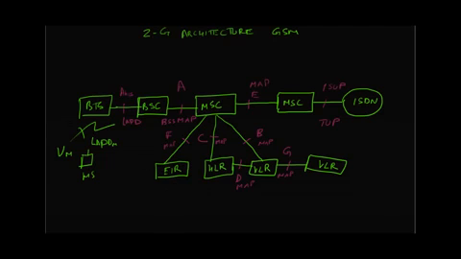Let's also talk a little bit about the LAPDm protocol and the messages that go in the information field. There are three types of messages that the LAPDm protocol's information field will carry.